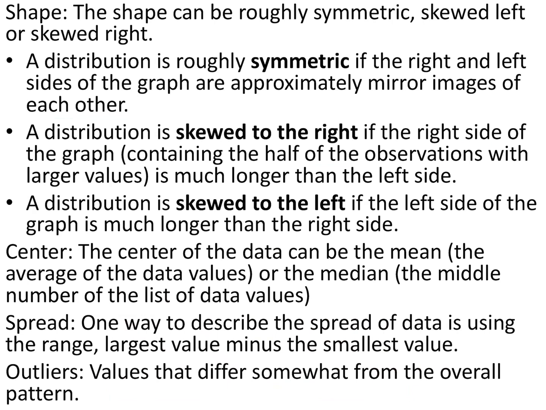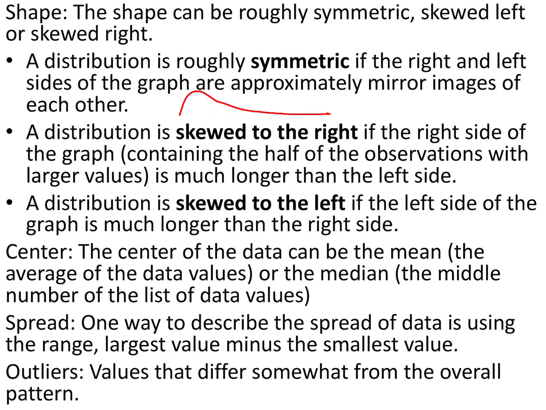When we're talking about shape, there are 3 different shapes that we usually discuss: symmetric, skewed to the left, and skewed to the right. A distribution is roughly symmetric if the left side and the right side of the graph are approximately mirror images of each other. A distribution is skewed to the right if most of the data is on the left side and then the data stretches out on the right, and so our graph would look like this.